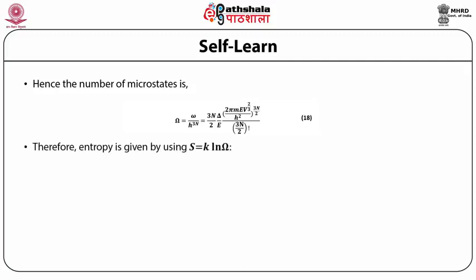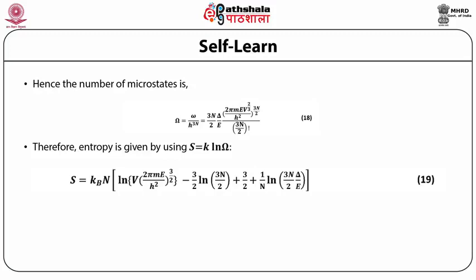Therefore, entropy is given by S is equal to k log of omega, that is S is equal to kB N whole multiplied by log of V 2 pi m upon h square raised to power 3 by 2, minus 3 by 2 log of 3N by 2, plus 3 by 2, plus 1 upon N log of 3N by 2 multiplied by delta by E. For large N, the last term in the expression is negligible.